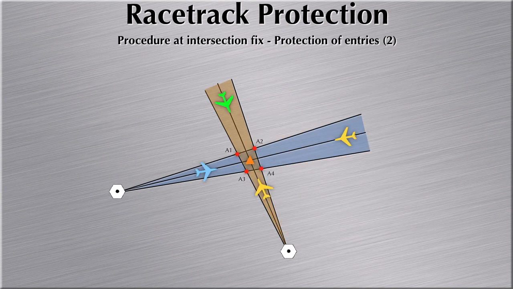If you enter along the intersecting radial, the roles of the two radials will invert. That is, now the intersecting radial becomes the tracking radial, and vice versa. PANSOPS foresees to construct fixed tolerance areas for both cases.